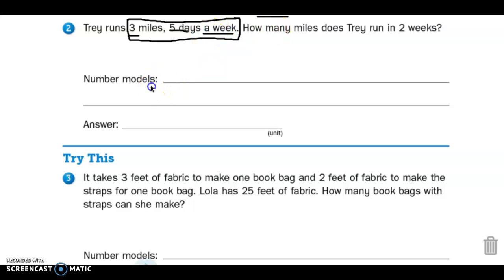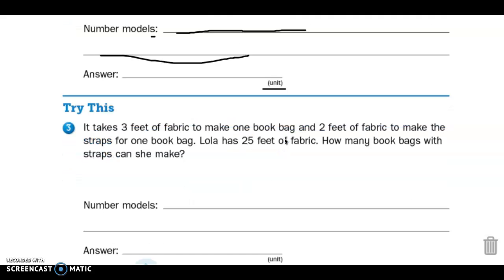And it says number models, so that means we need 2. So if this was how you figure out 1 week, write that for your number model. And then, 2 weeks. When you figure out how much a week is, how would you figure out how much 2 weeks was? Then answer with a unit, a label.